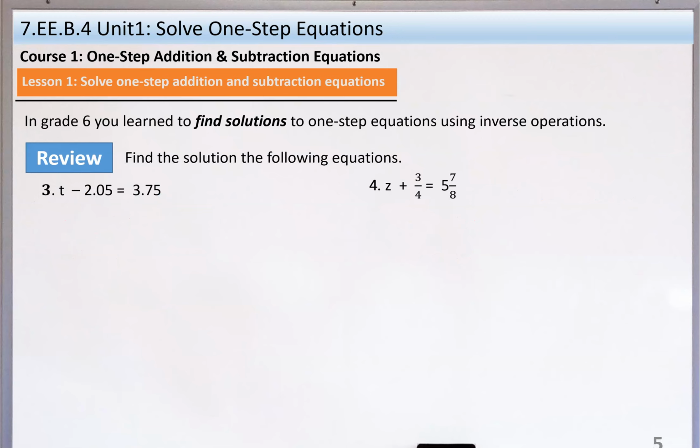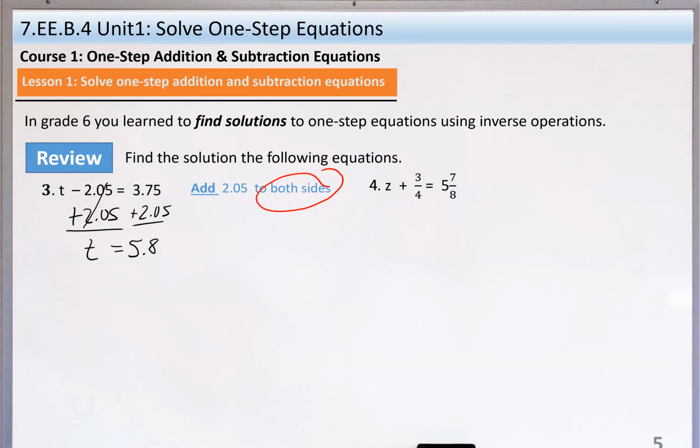Do a couple more. Now we're going to use some rational numbers, some fractions and decimals. So some number t minus 2 and 5/100 is equal to 3 and 75/100. What value for t makes that equation true? Well, I'm subtracting 2 and 5/100 from t, so the inverse operation, to undo my subtraction, I need to add 2 and 5/100 to both sides.